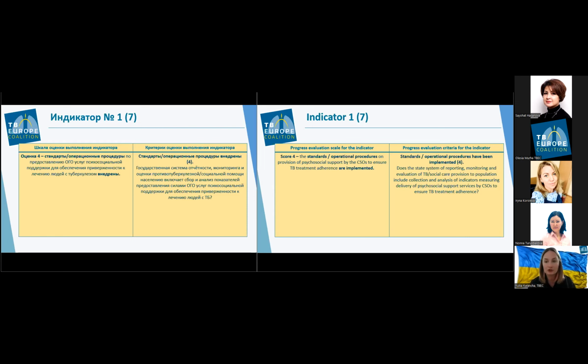The first indicator, standards, is the basic indicator. Second indicator, which we are going to discuss now, is implementation of the social contracts. So this second indicator answers the question about implementation, what Sayohat was talking.